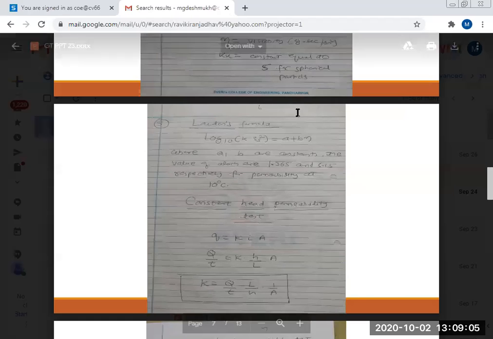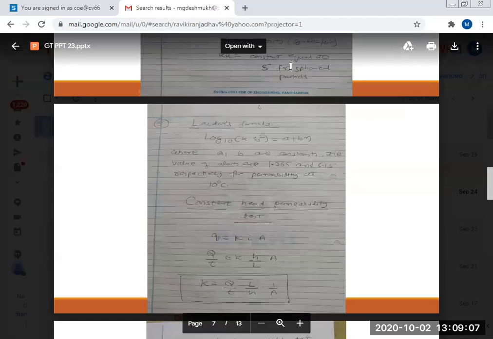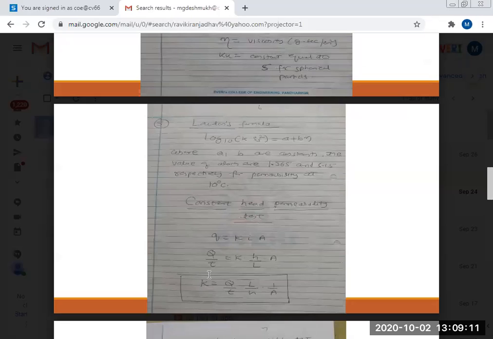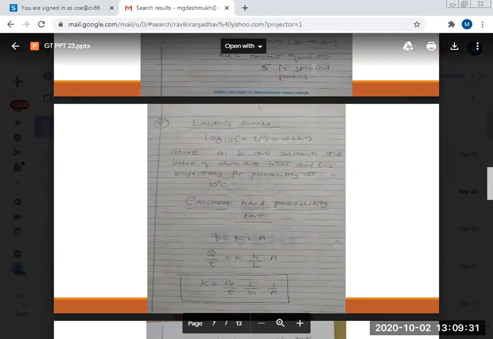Small q can be written as capital Q by T. This is equal to K into hydraulic gradient, and hydraulic gradient is H by L, and this is A. But we need coefficient of permeability. So coefficient of permeability K is given by Q by T, L by H into 1 by A.